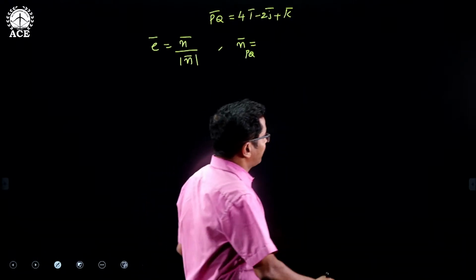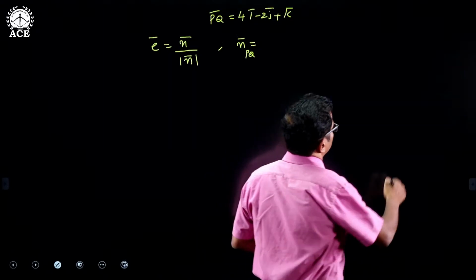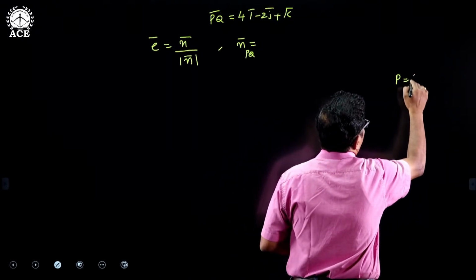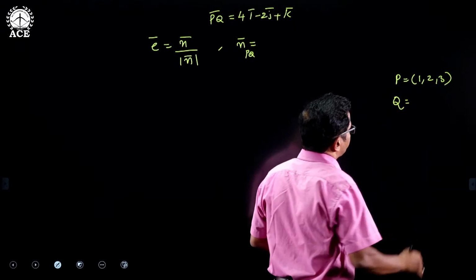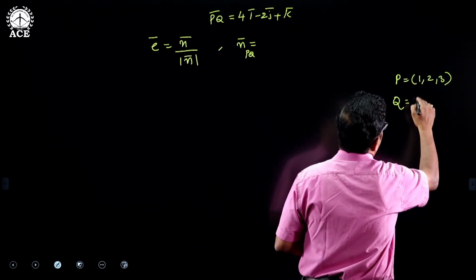Here P equals 1, 2, 3 and Q equals 5, 0, 4.